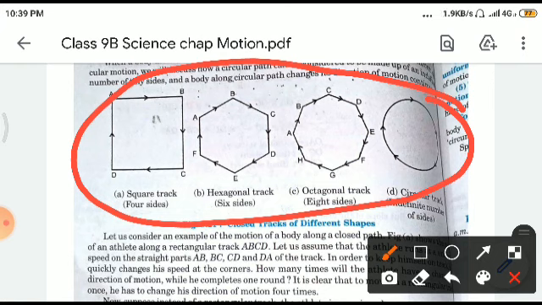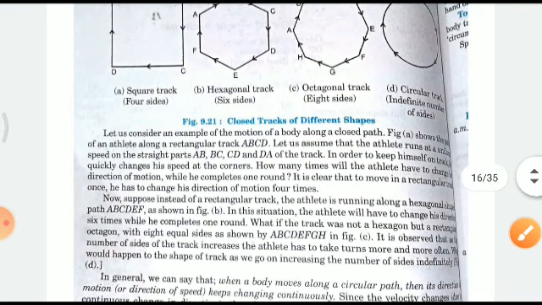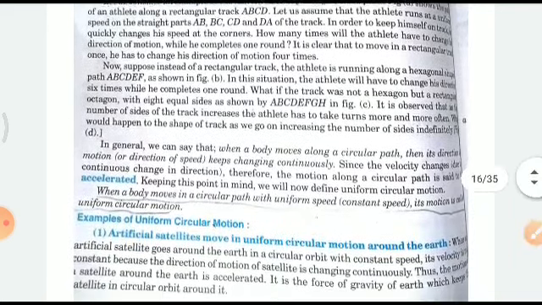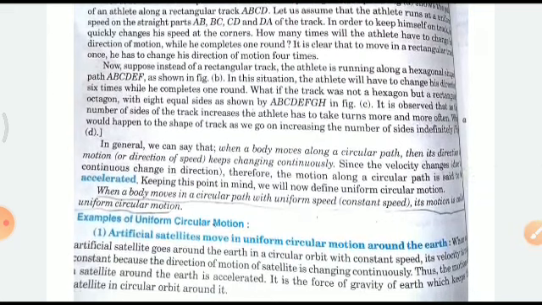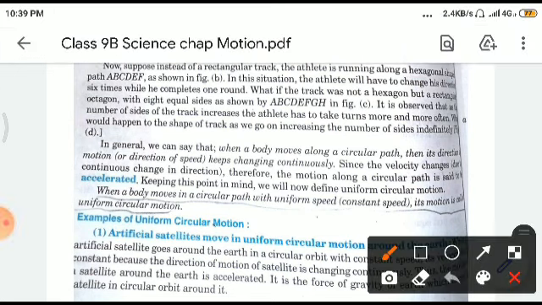If we consider the body to start at point B, it comes back to point B in all the diagrams. That means the initial and terminal points will be the same. So the definition is, when a body moves in a circular path with uniform constant speed, its motion is uniform circular motion. The key point is uniform speed or constant speed.